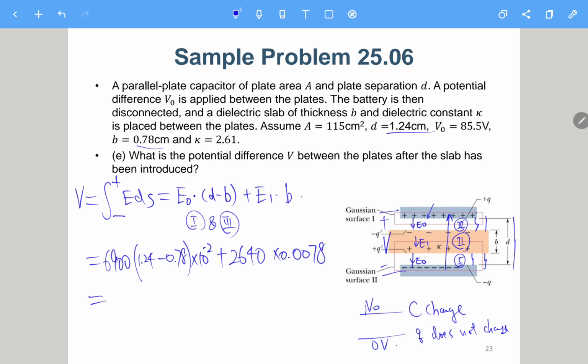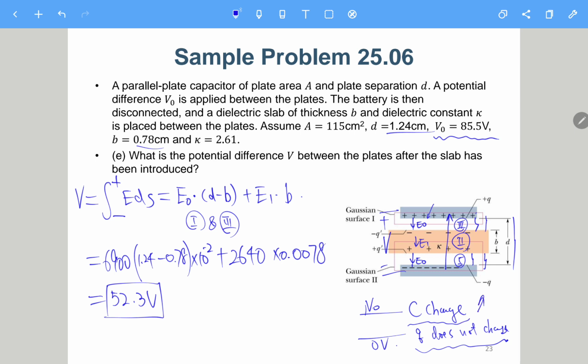So here we have V to be 52.3 volt. Originally V0 is 85.5 volt. So V becomes smaller, and we can simply reason that as Q doesn't change, after inserting the slab C must be larger.